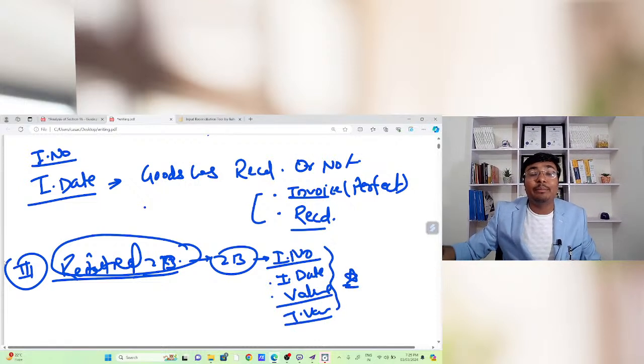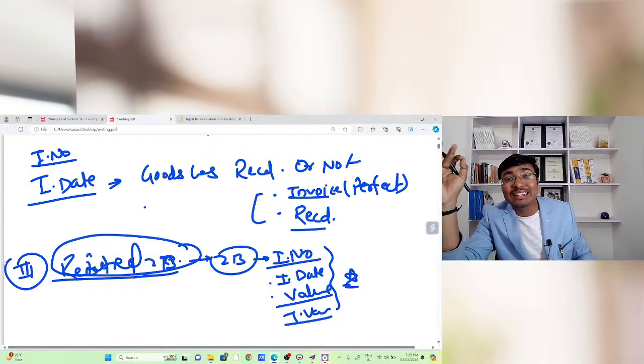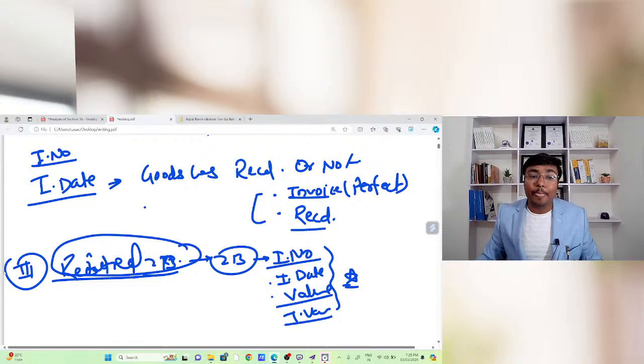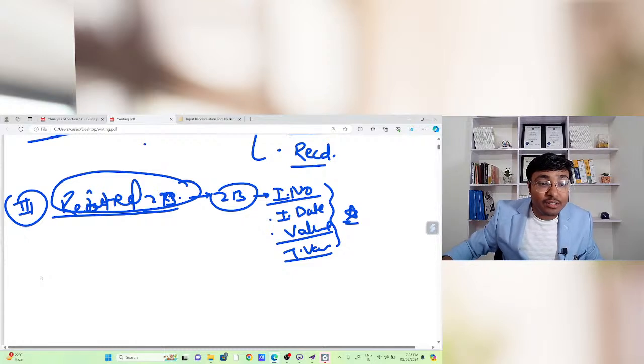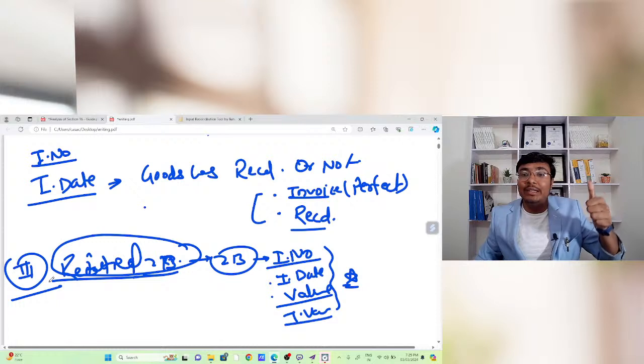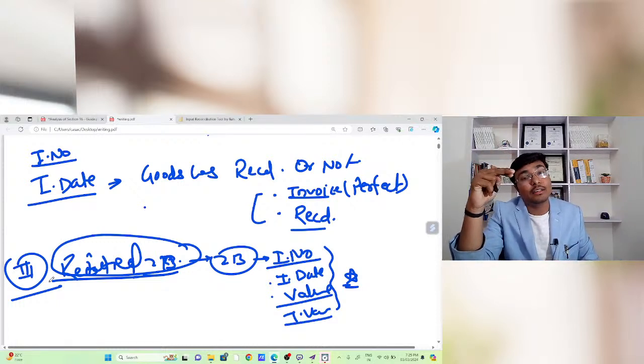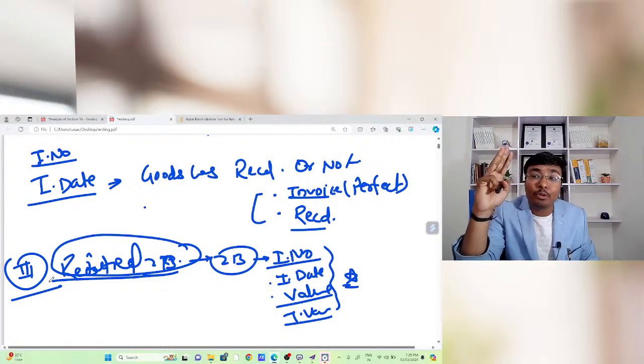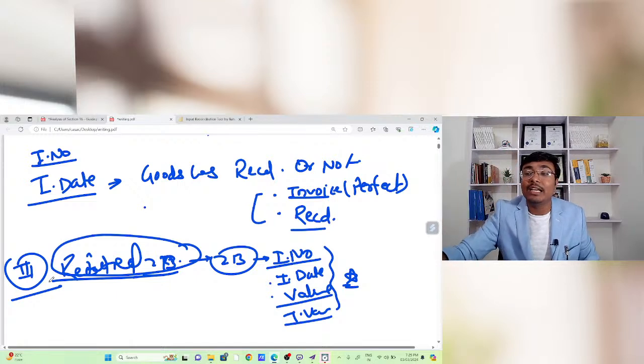All these types of parameters we need to check while reconciling the data. Okay, so that is what is important, which is the third condition we have. So first condition is invoice should be there, second condition goods has been received, third condition the same input tax credit is reflected in the GSTR 2B, and now the fourth condition.